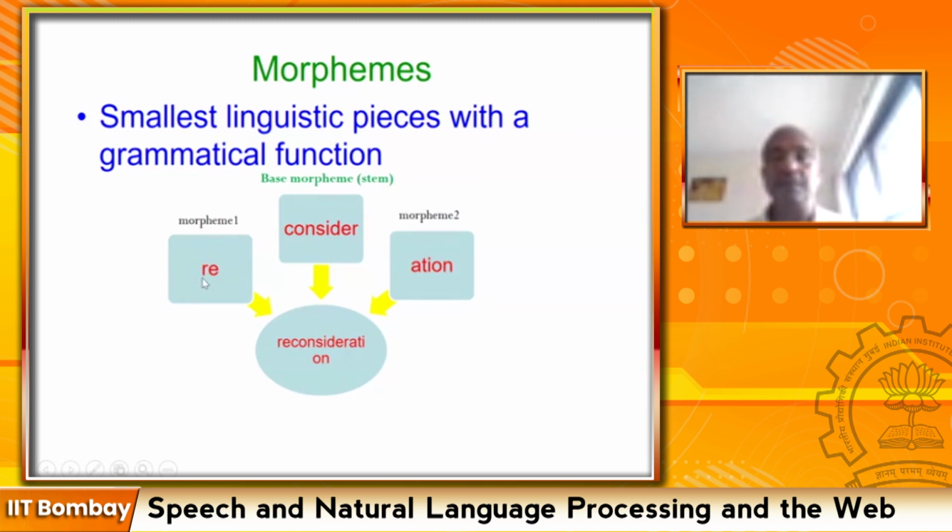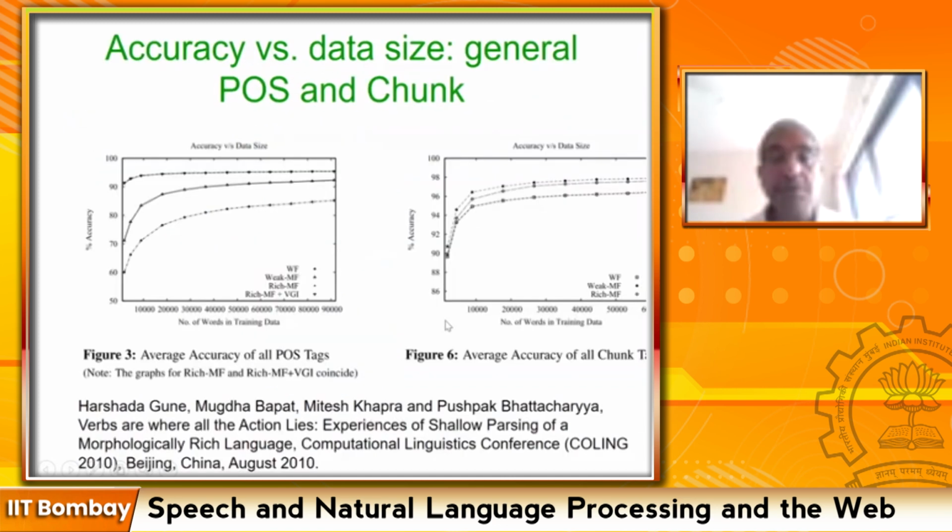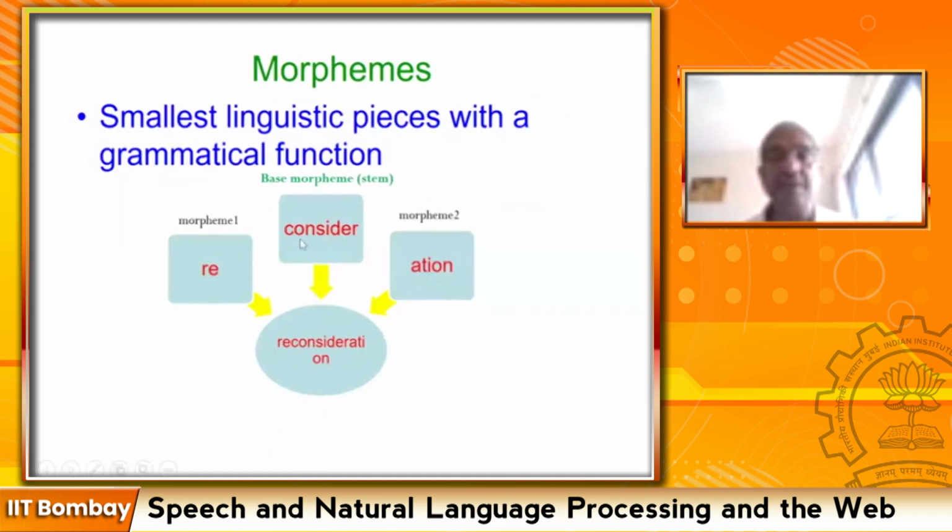So this kind of very definite roles are associated with morphemes. So in reconsideration, consider is the stem, re has the role of indicating repetition, and ation has the role of converting a verb into noun. So we understood that these have grammatical roles.